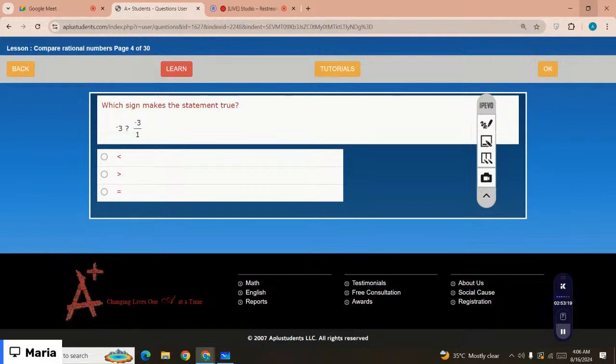Which sign makes the statement true? Negative 3, you have to compare it to negative 3 over 1. So which is the correct option?